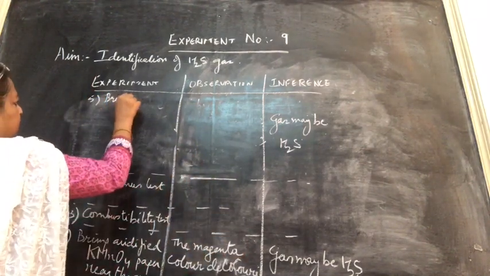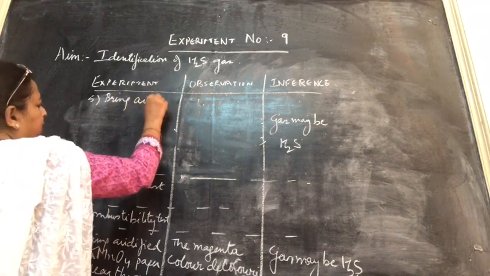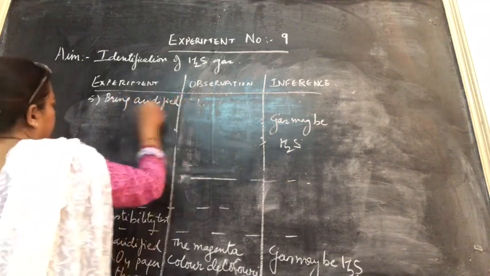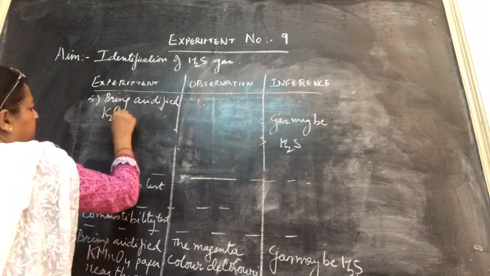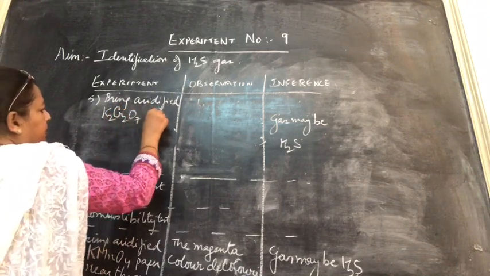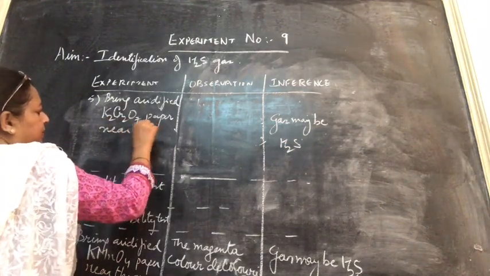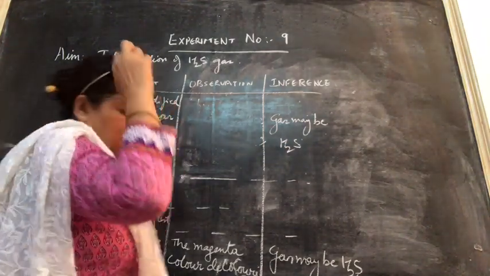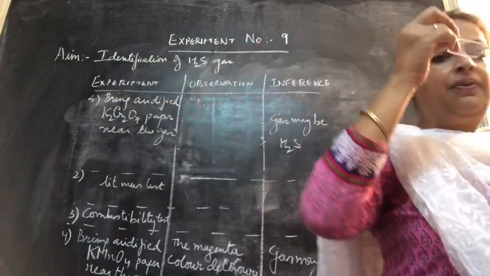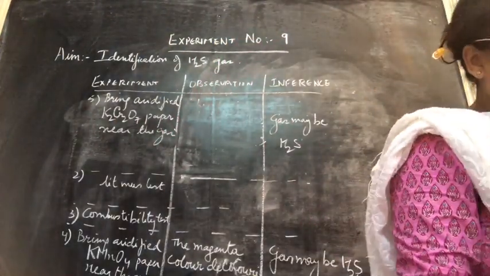Bring acidified K2Cr2O7 paper near the gas. What was the color change? Did you observe, children? Just recollect from sulfur dioxide. What was the color change?